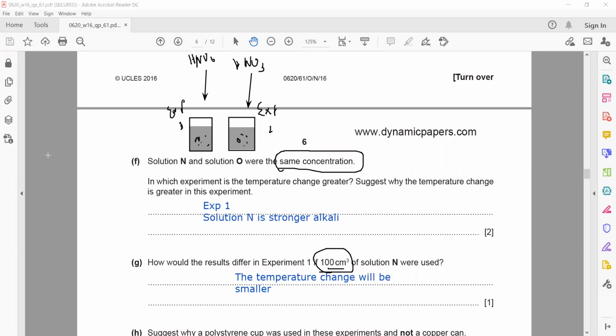So what they mean here, like you have two solutions. One is 50 cm cube. About the product, because we are measuring a temperature, so we can mention things related to a temperature. We are not measuring the volume of the gas given off.